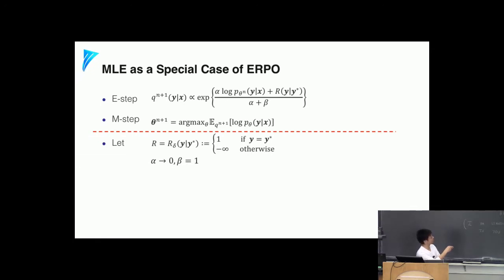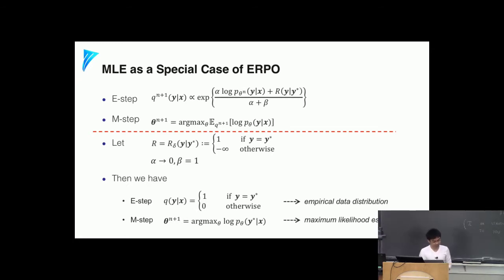This function says that if the sample y equals the ground truth y star, then we return a reward 1. Otherwise, the reward is negative infinity. So this is basically a delta function. And we additionally set alpha to be a very small number close to 0, and beta equals 1.